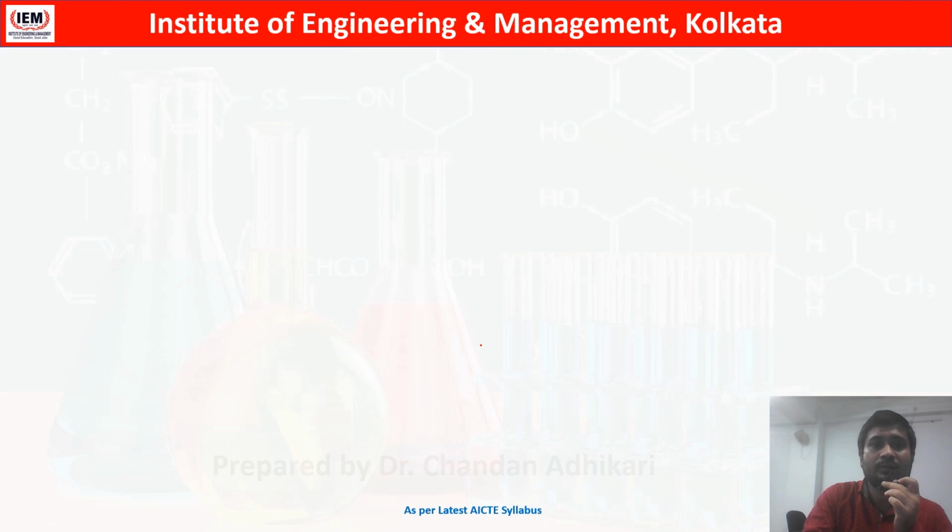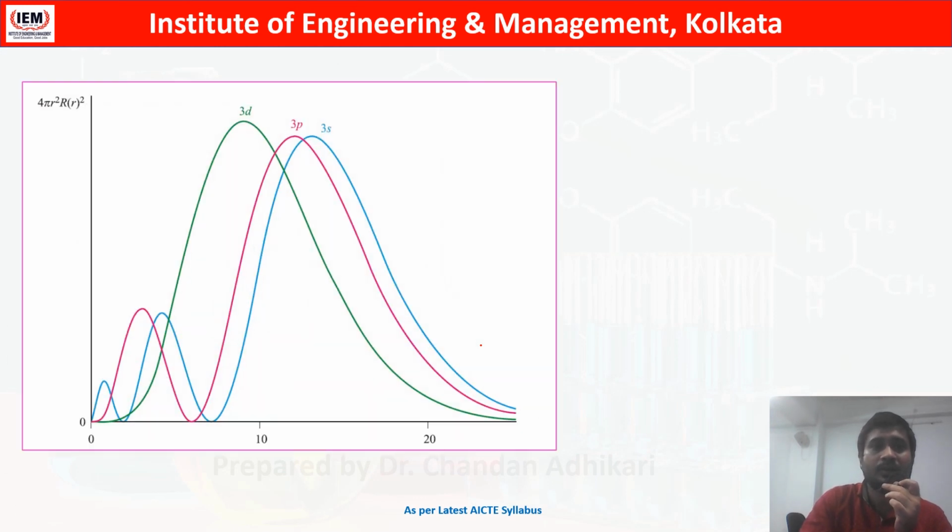Similarly, I will also show the radial distribution plot for the 3p orbital. How many nodes will be there for 3p? n equals 3 and l equals 1. So it will have 3 minus 1 minus 1, so 1 node.